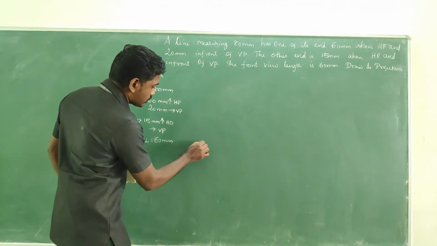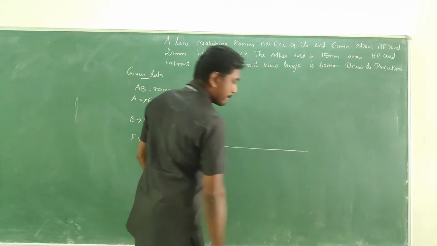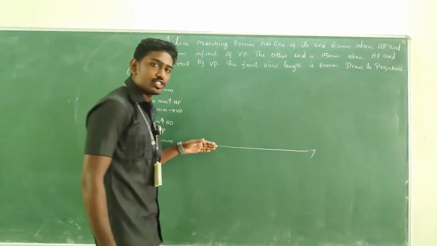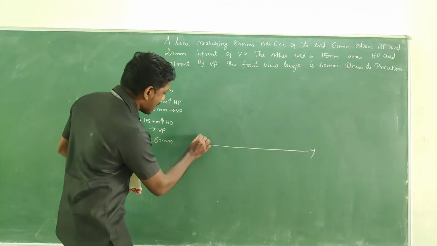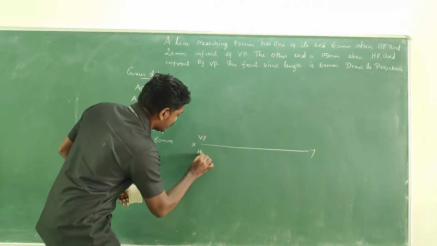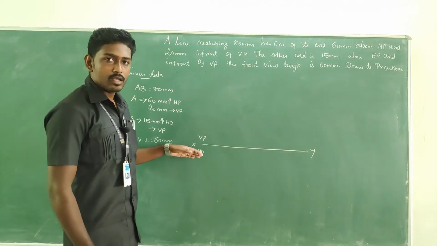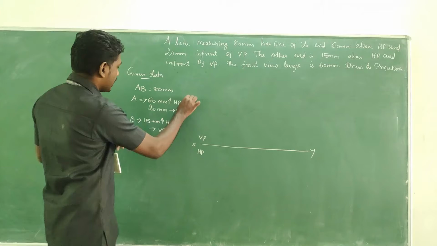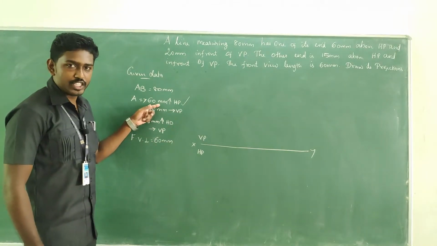Okay, fine. Just go with the reference line, XY. We know as per first angle projection, above the XY it's VP and below the XY is HP. Okay. So what about the locus? Yeah, we can start with A. It is given 60 mm above HP.